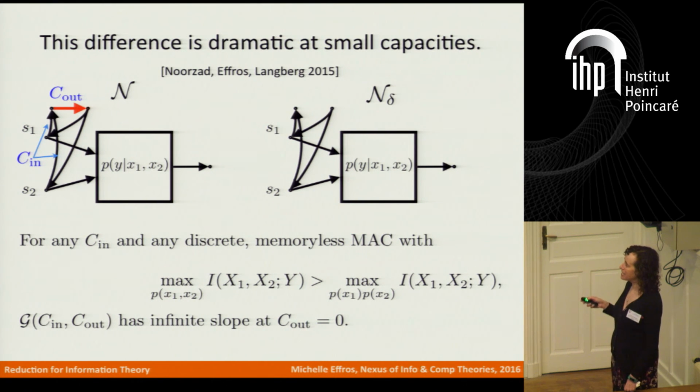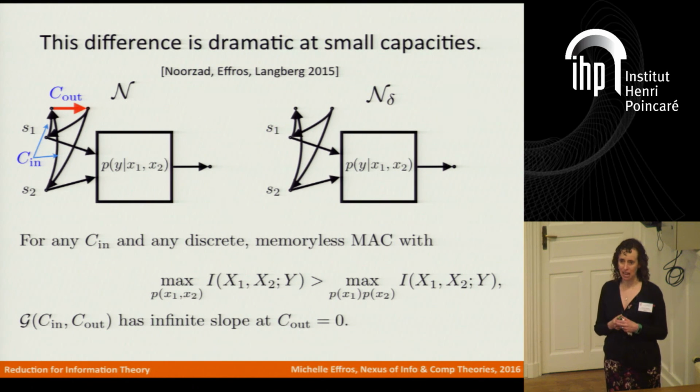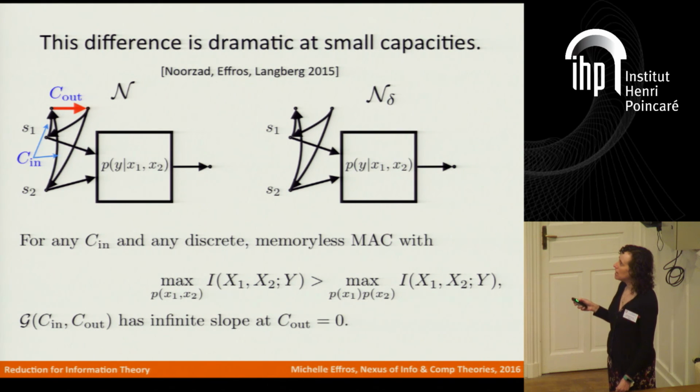The rate that you get isn't necessarily this big, but anytime this value is strictly larger than the sum rate capacity of the MAC, the gain function has an infinite slope at C out equals 0, which says that a little tiny edge here can have a much, much larger impact on the capacity.